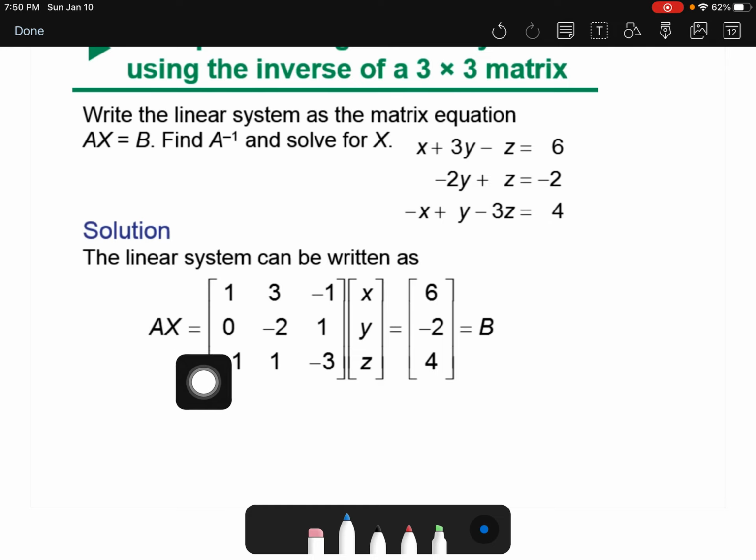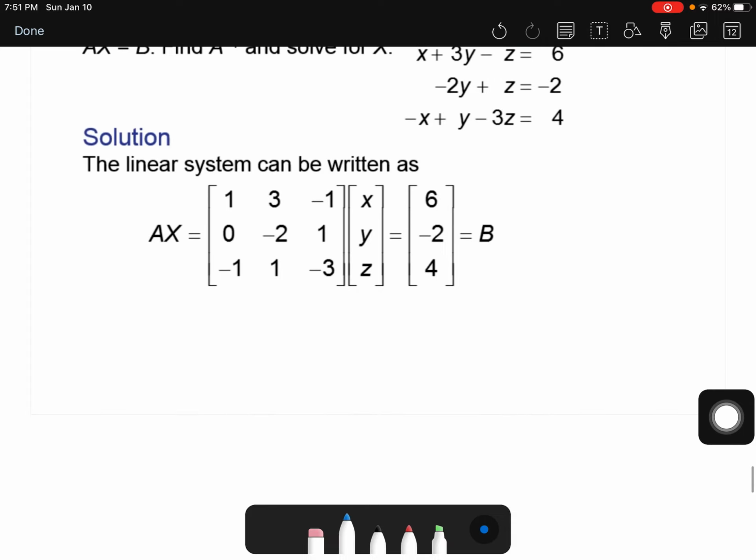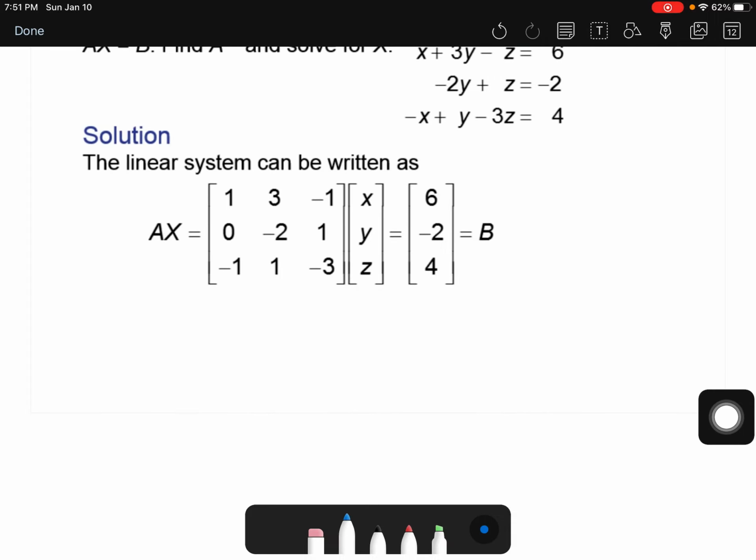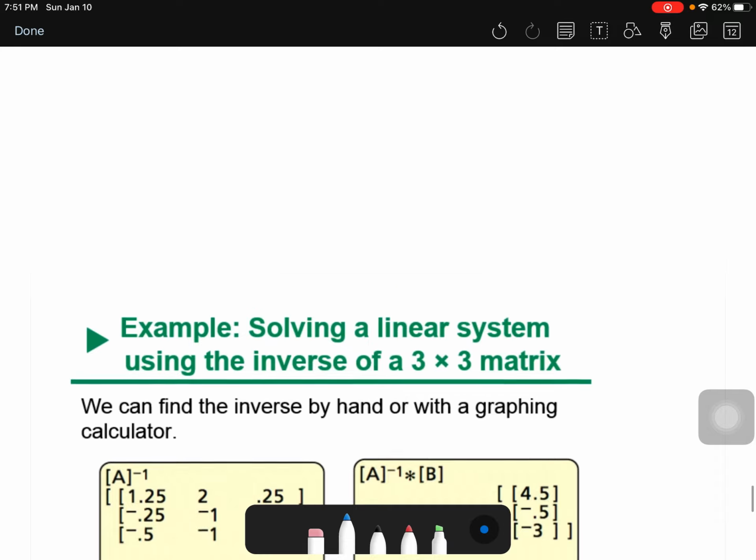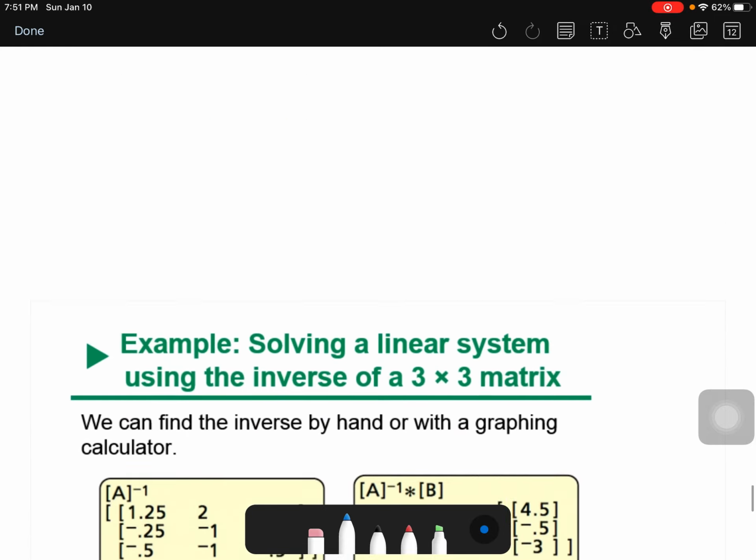We'd want to multiply both sides of the equation by the inverse of A, and on the left side that would just cancel. So we take the inverse of A times this B matrix right here, and we'd come up with our solution.